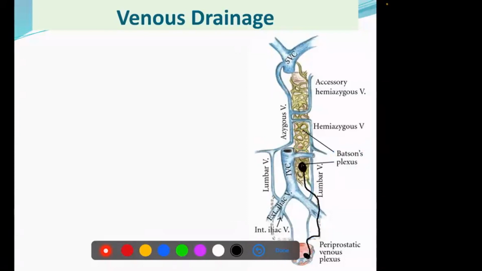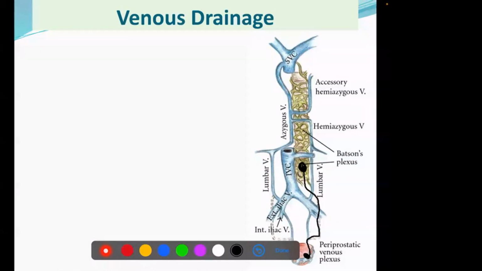That's why in cancer prostate, the most common site of metastasis is bone, not the lung. As a rule, the lung should be the first site of metastasis, because whenever there is a cancer in the systemic circulation, the cancer goes to the lung first. But here, as there is an additional communication between the vertebral venous plexus and the prostatic venous plexus via a valveless vein, the Batson vein, it allows the prostatic cancer cells to go to the vertebra first.